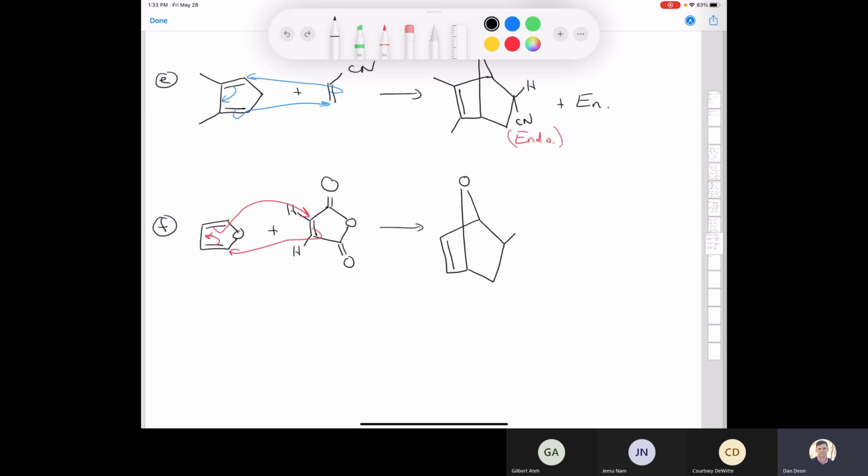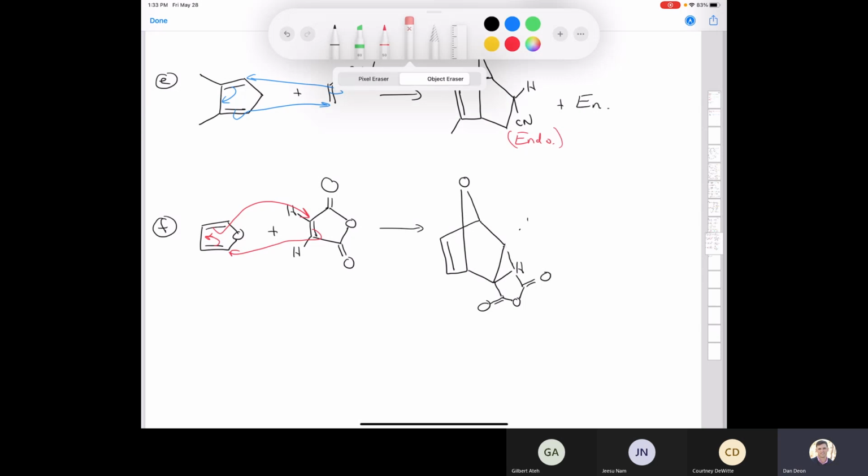Well, both of the hydrogens are going to be in the exo position, and therefore both of the bonds going down, and I'm going to draw it behind like this, are going to be pointing down like this to form the ring. Okay, so it's going to look something like that. Now I'm going to clean it up by eliminating the hydrogens. Just bear with me. Where's my object eraser? There we go.